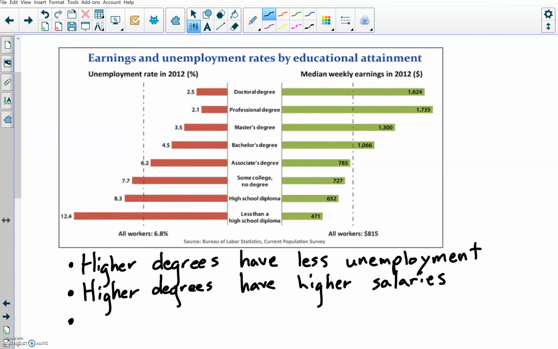The average is this dotted line, the 6.8%. And if you have a high school diploma or less, you have more chance of being unemployed. So people without degrees have a higher than average rate of unemployment.